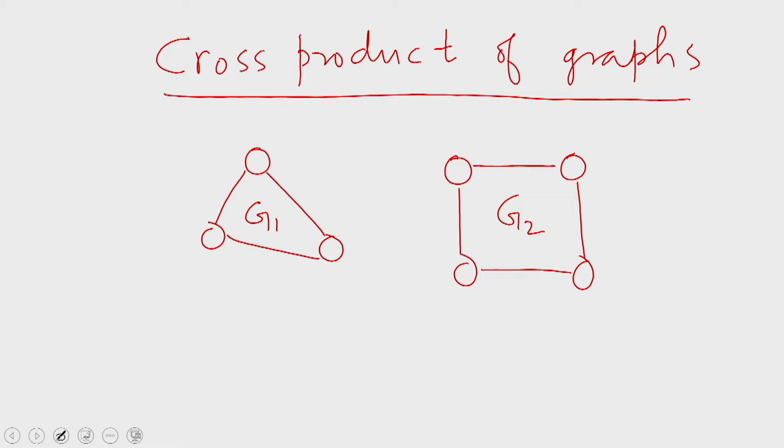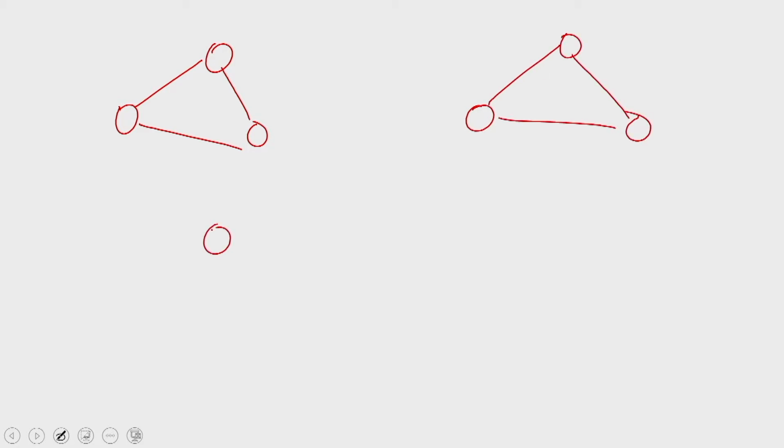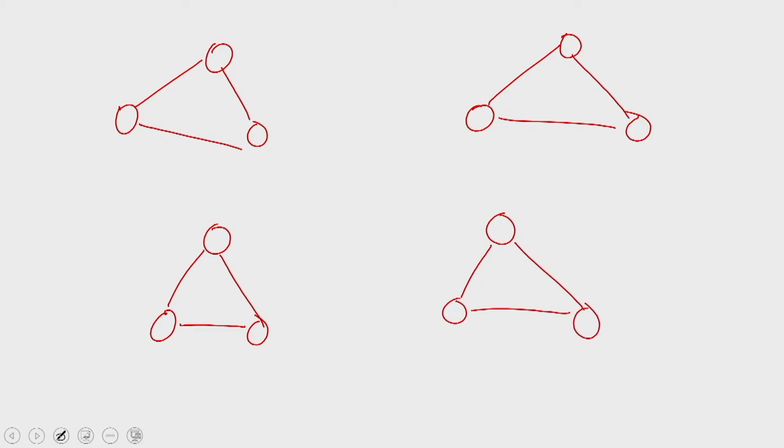So, we will take 4 copies of the first graph. So, we have these 4 copies of the first graph.